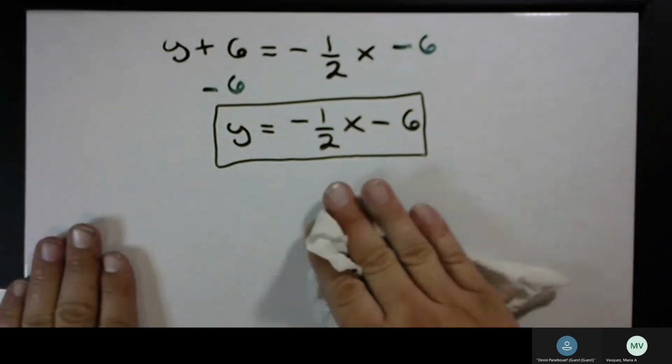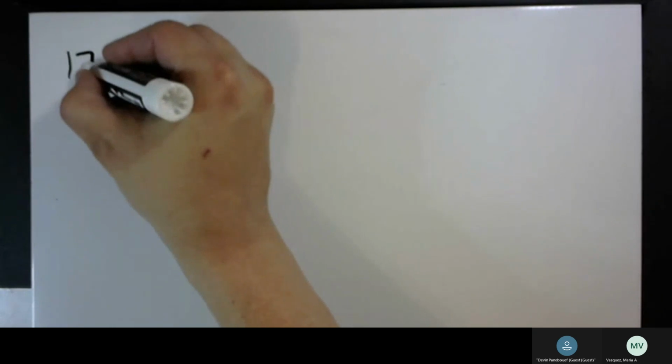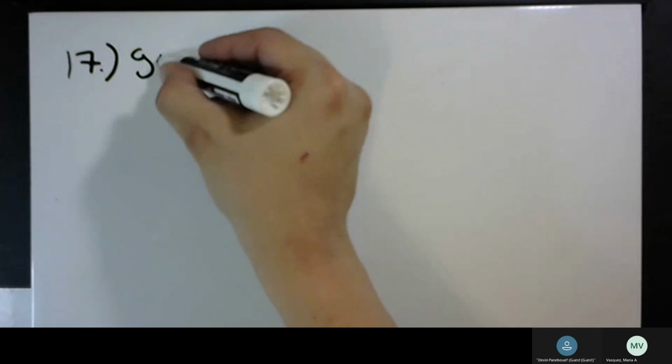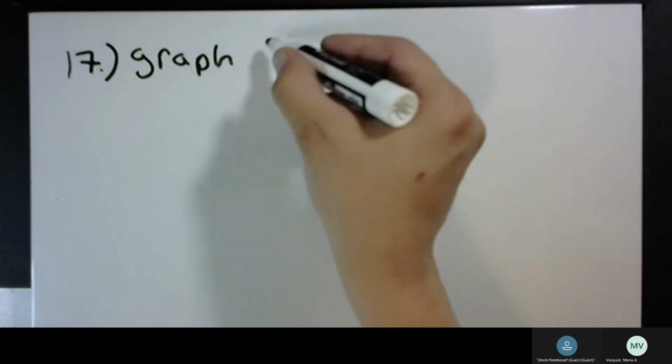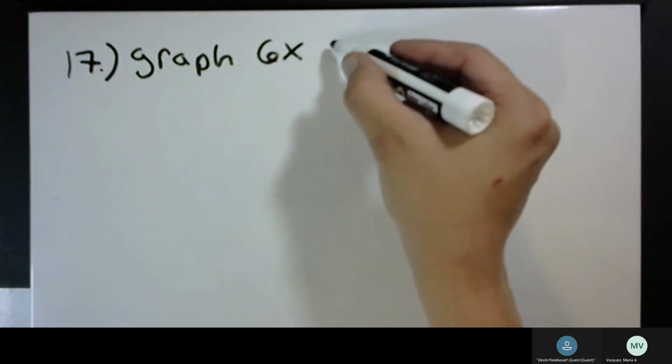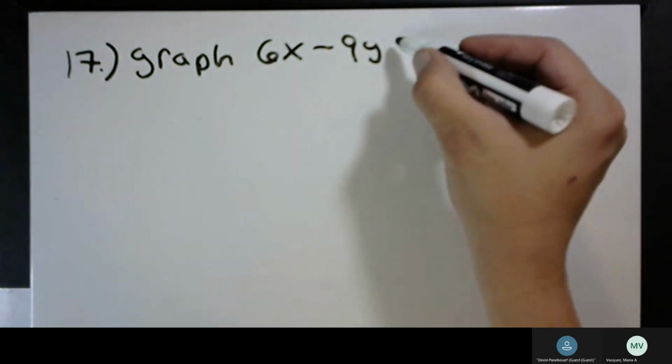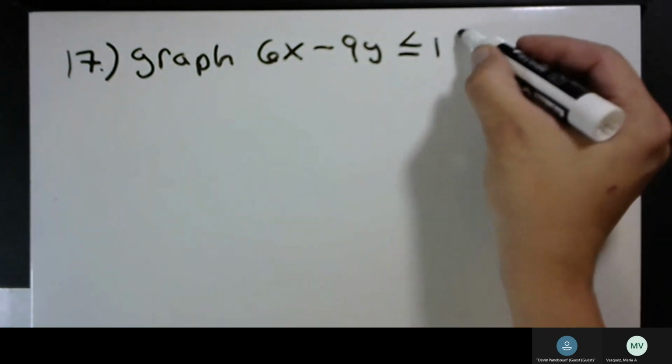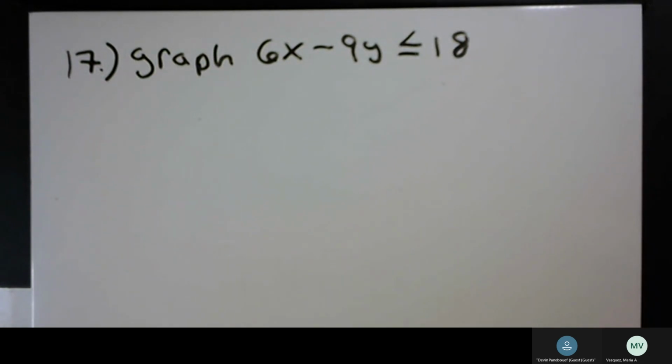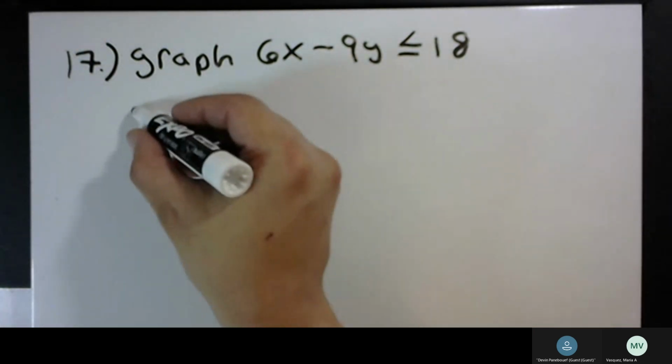So the last question I'm going to do now, I'm going to use the new method. I'm going to use the type 2 method. So I'm going to solve for y.